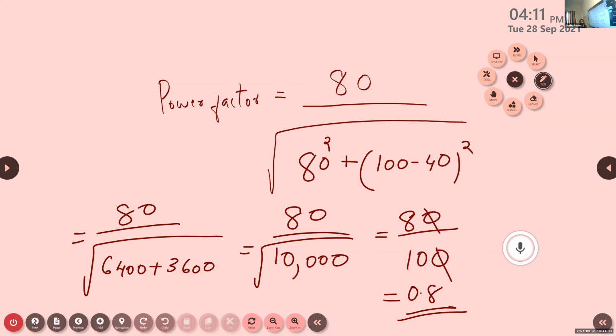Then we just substitute the value. The potential difference to the resistor is 80, so 80 divided by root of 80 square plus 100 minus 40 the whole square.